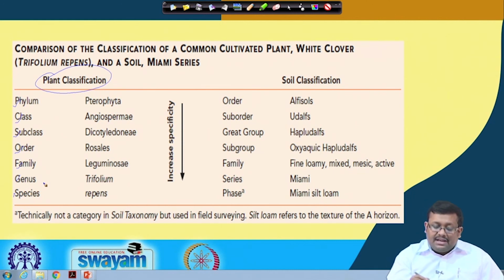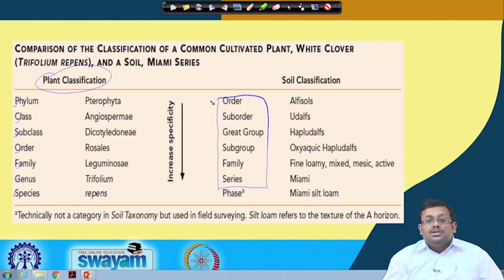Similarly, a soil can be classified into order, suborder, great group, subgroup, family, series. Up to series, these 6 levels are included in the soil taxonomy. The last one is not generally included in the soil taxonomy, but we generally use it when we go for soil survey in the field. So, we will be concentrating only on these 6 soil classification levels, which we can call hierarchical levels.